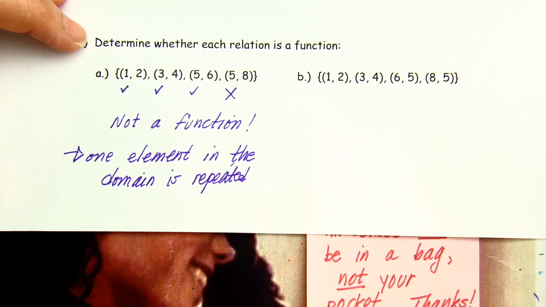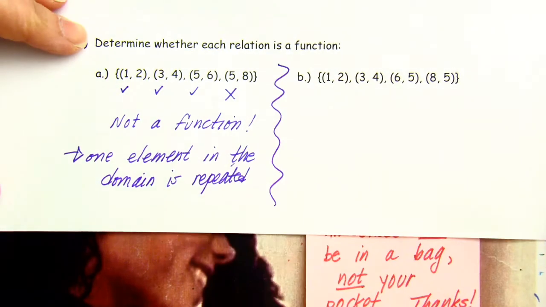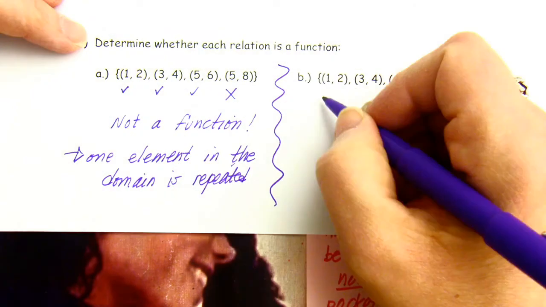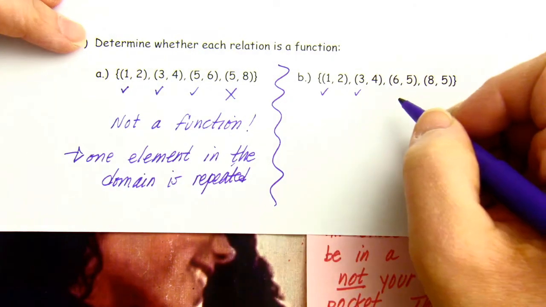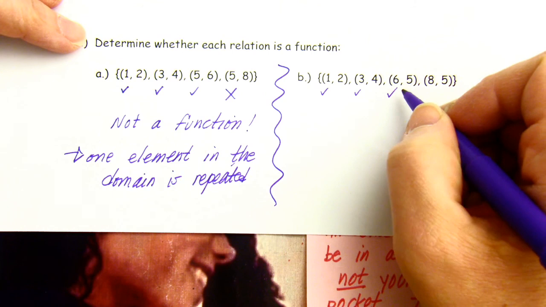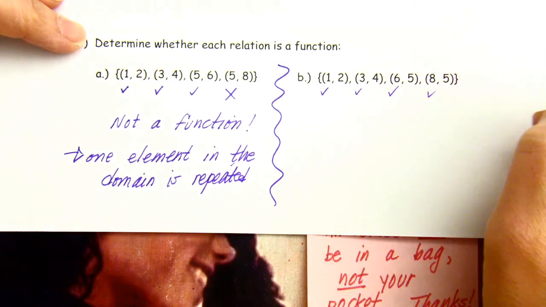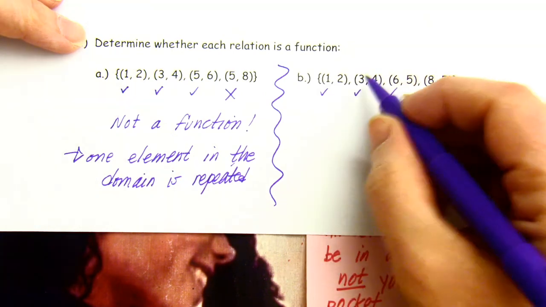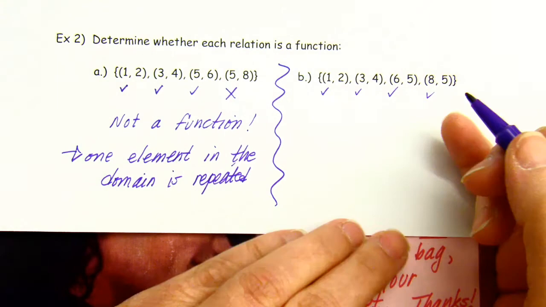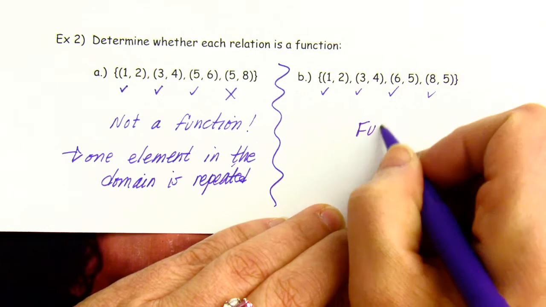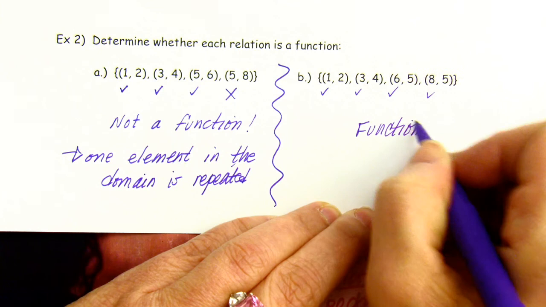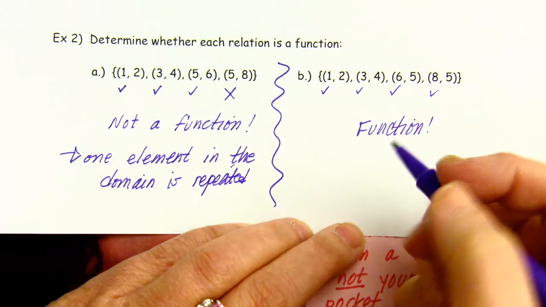All right, on to the next relation. I've got a 1. A 3 is okay because it's not a 1. A 6 is okay because it's not a 1 or a 3. An 8 is okay because it's not a 1, it's not a 3, it's not a 6. This here is a function. We say all x values are different.